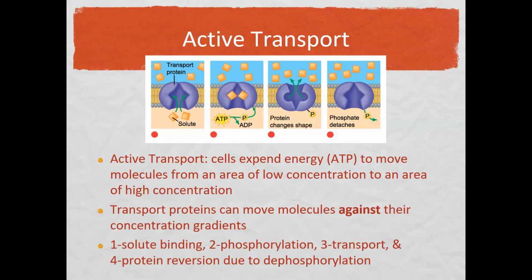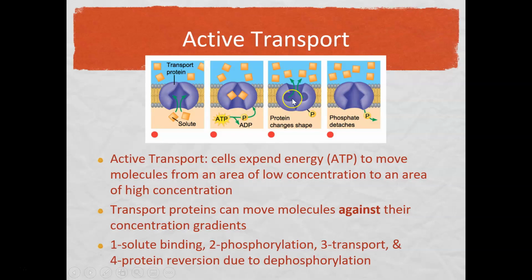Now, a lot of active transport processes work as these pump systems, like you see here. These pump systems work in four basic steps. First step is just the solute bonding to the protein, the transport protein that I'm going to use. I'm going to break down that ATP, make ADP as a result, get that energy out, take that phosphate, and phosphorylate the protein.